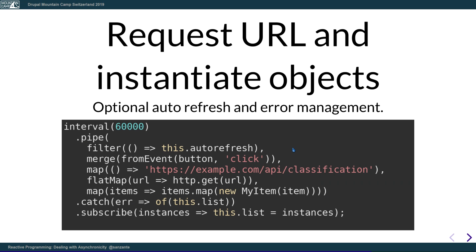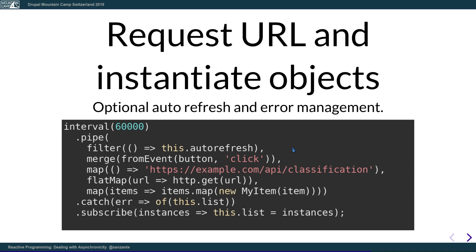And what about error management? Well, let's use another example, optional auto refresh and error management. It's more or less the same. We have the interval observable, the pipe, we filter, then we try to get our data, and then we add this catch functionality.